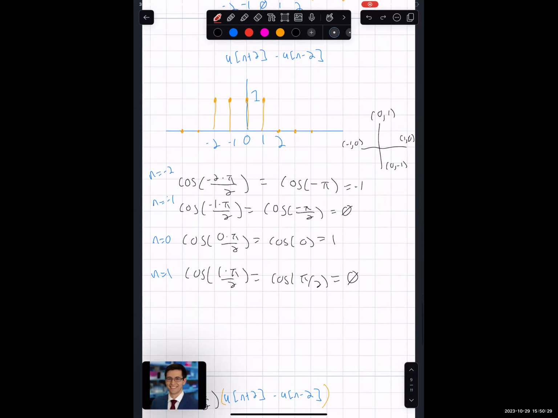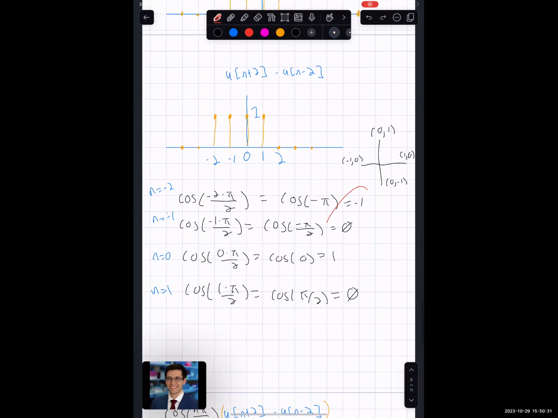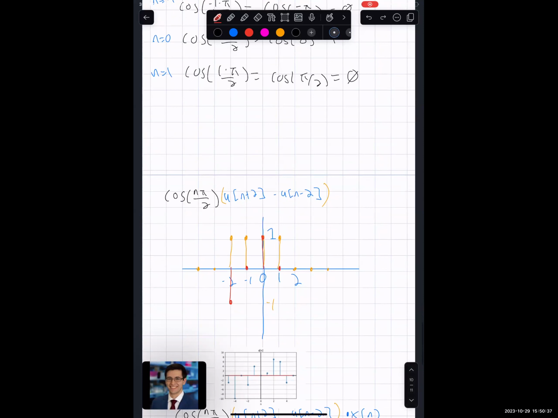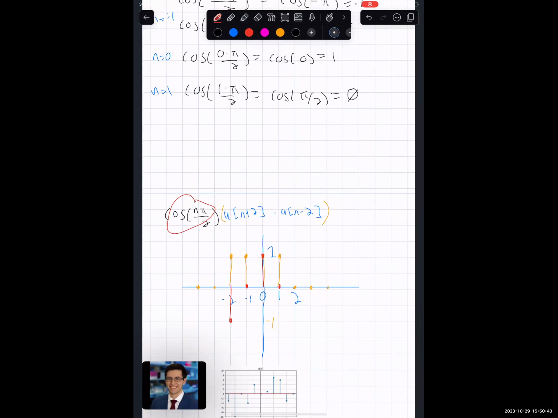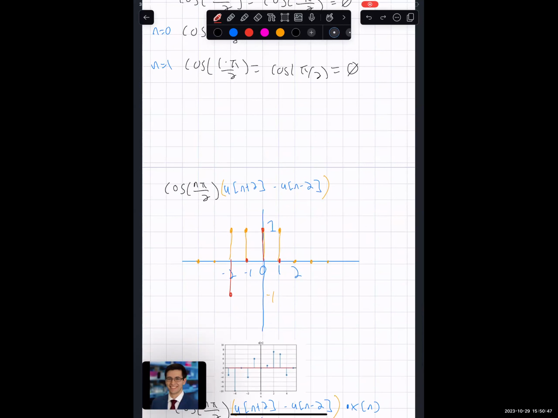So after we have these values and we multiply these values at these timestamps to this, we get this. So cosine n pi over 2 times these unit step functions subtracted. We're multiplying the second guy by the first guy, and we get this. Okay.